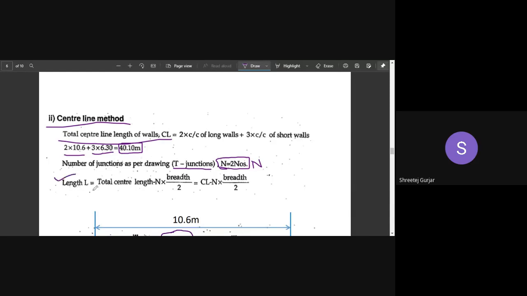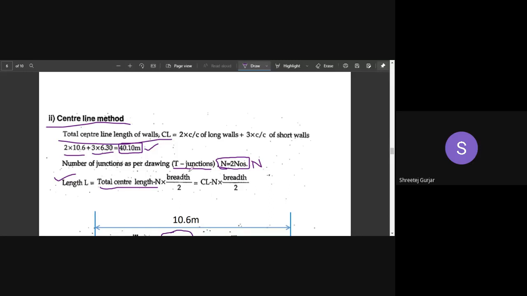Total length is equal to total centerline length, which is 40.1 in this problem, and which we calculated in the first step, minus capital N, the number of junctions, into breadth by 2.